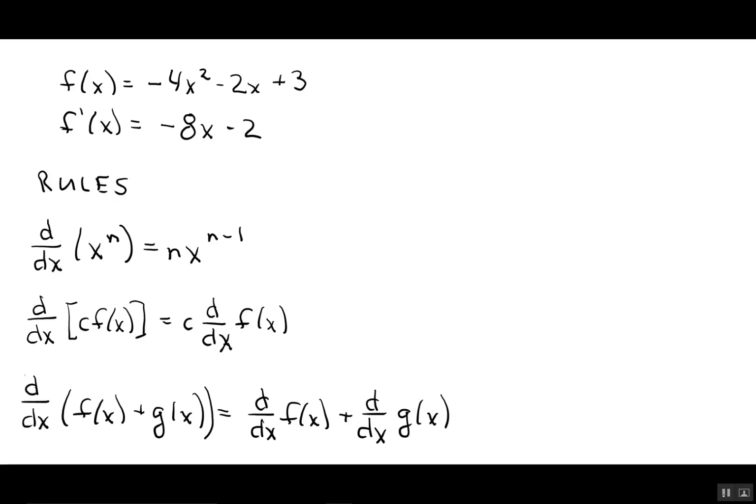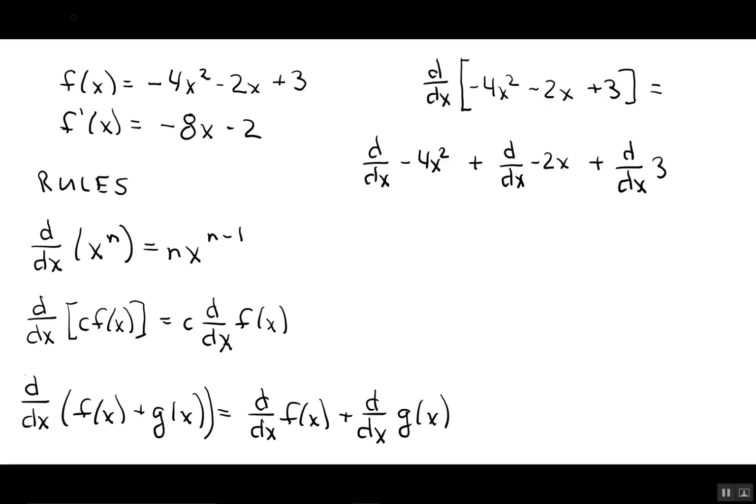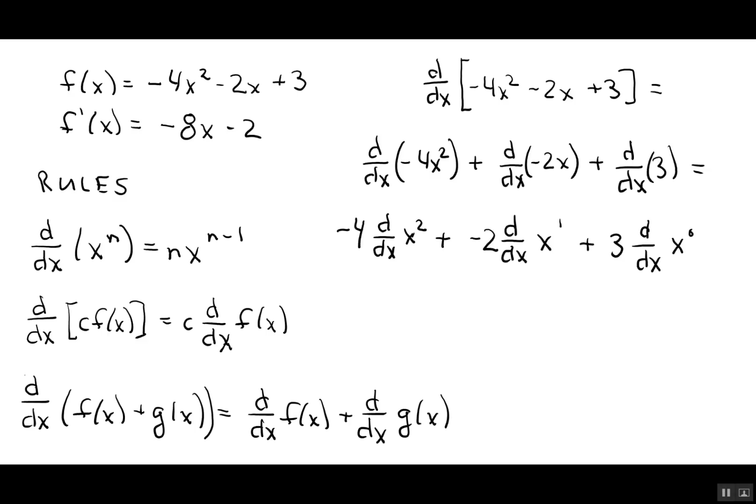So let's take a closer look at this function one last time and apply these rules. So the derivative with respect to x of minus 4x squared minus 2x plus 3, I can apply the sum rule. That's going to be the same as the derivative of minus 4x squared plus the derivative of minus 2x plus the derivative of 3. I'll add it together. That's the sum rule, that's this last rule applied.